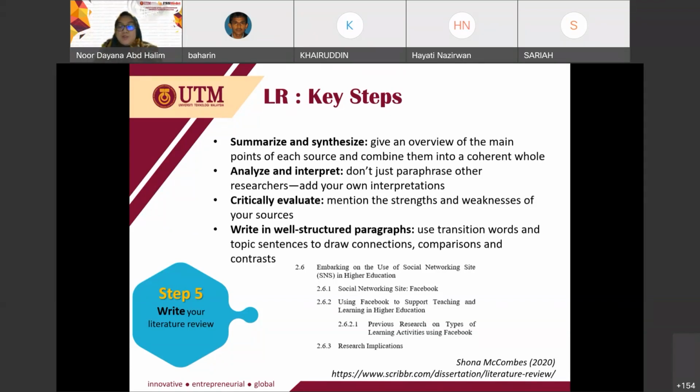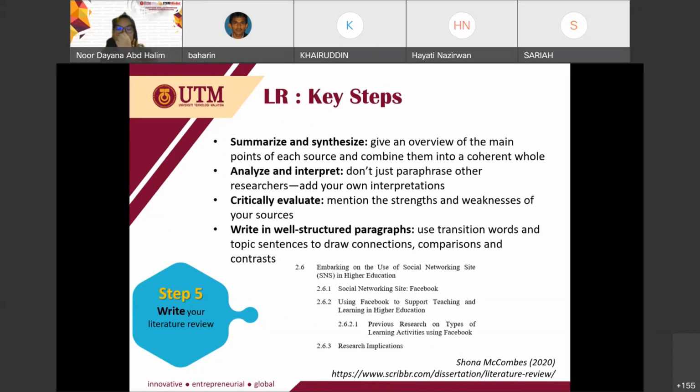Don't just write a first paragraph about Facebook and then suddenly jump to a second paragraph about critical thinking. Make sure that both paragraphs have a connection, how you relate the topic on Facebook in the first paragraph, and then jump to the second paragraph about critical thinking, for example. So you need to be careful on that.